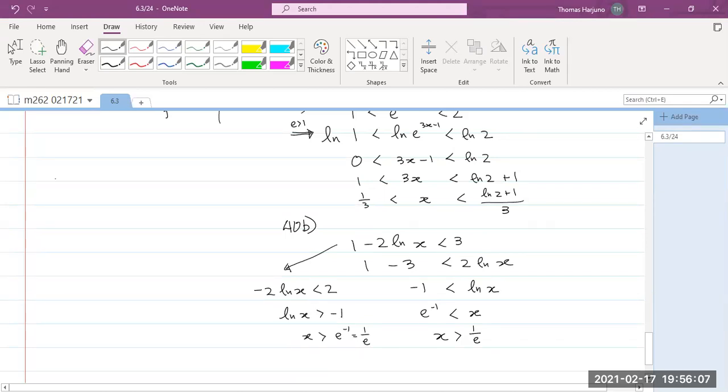That answers a big question we had a long time ago in Algebra 1. Why, if we multiply or divide an inequality by a negative number, do we need to reverse the inequality sign?